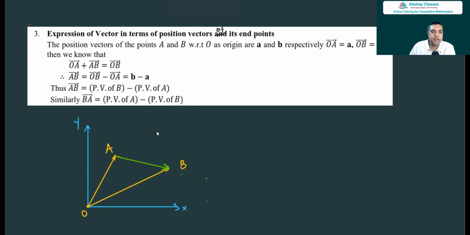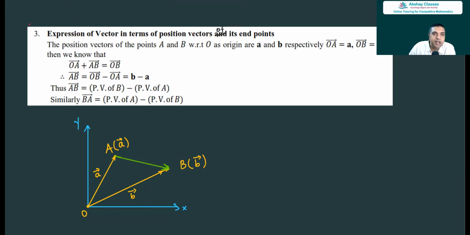Sometimes we write the point, like in coordinates x comma y, we write A as A bar. That means this is the position vector of A. B bar means this is the position vector of B.